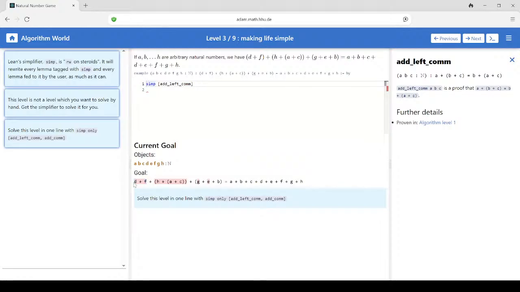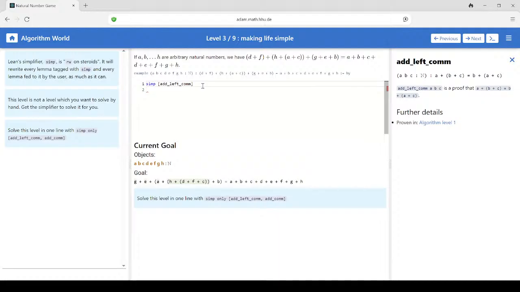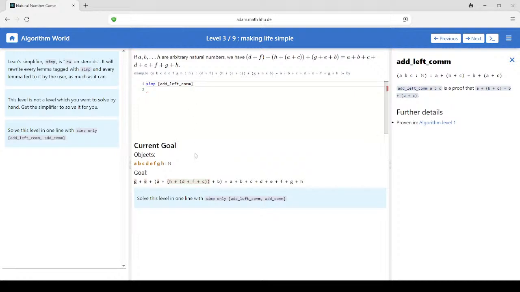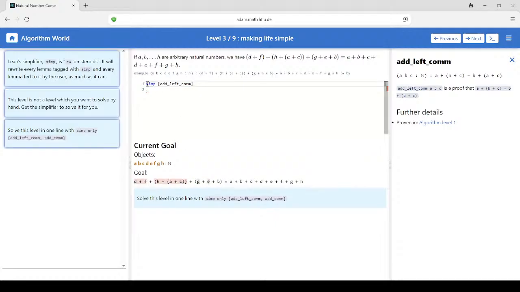And then I think the whole thing is trading places with the G plus E. Yeah, that makes sense. So it's doing two things.